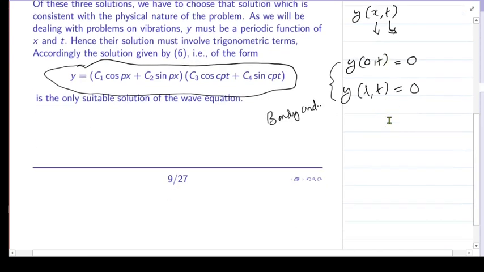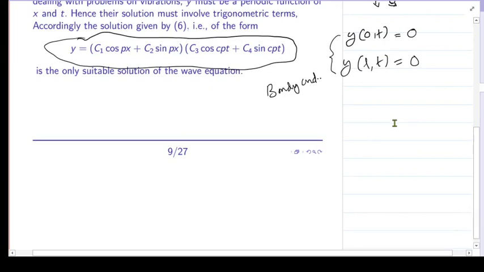Now we also have the initial position of the string. We can put t = 0 in y(x,t), that means y(x,0) is called the initial position of the string. This can be an input to the specific problem.